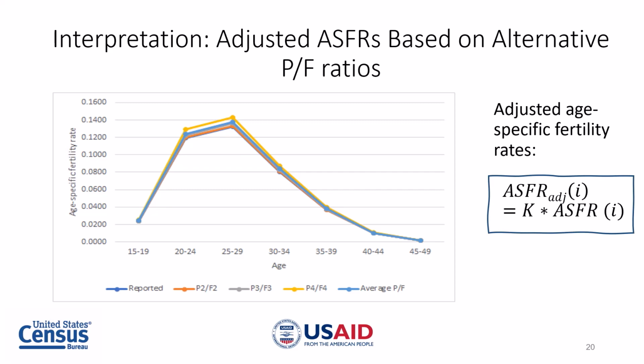Age-specific fertility rates adjusted with the PF ratio for ages of mother 25 to 29, or P3 over F3, are in gray. Age-specific fertility rates adjusted with the PF ratio for ages of mother 30 to 34, or P4 over F4, are in yellow, and age-specific fertility rates adjusted with the average of all PF ratios are in light blue.